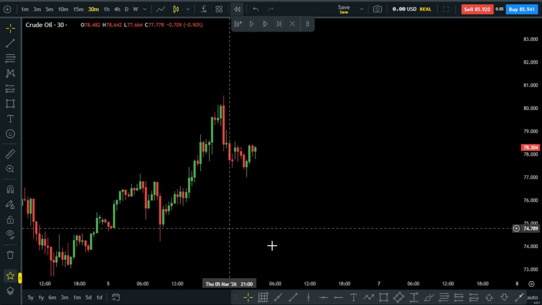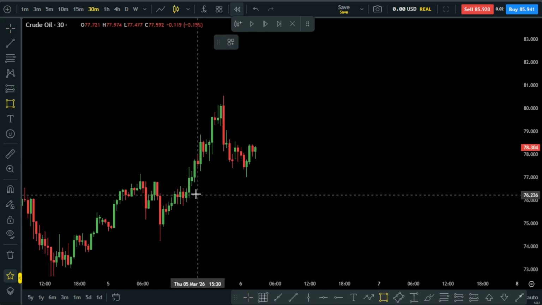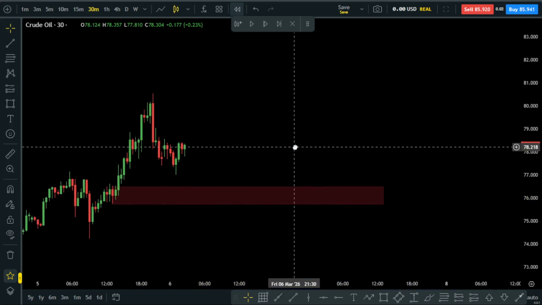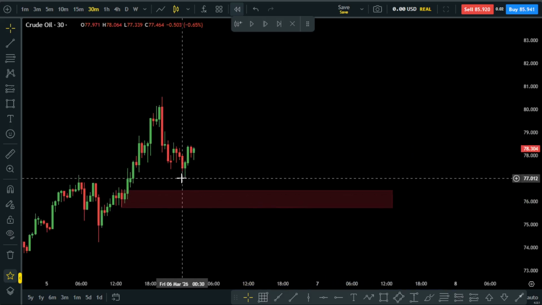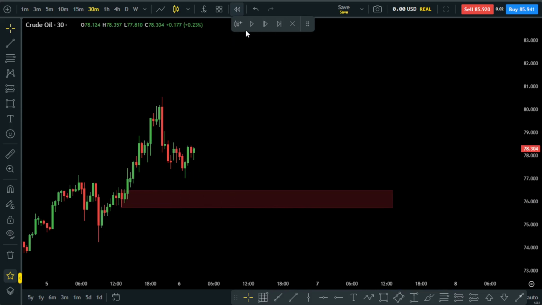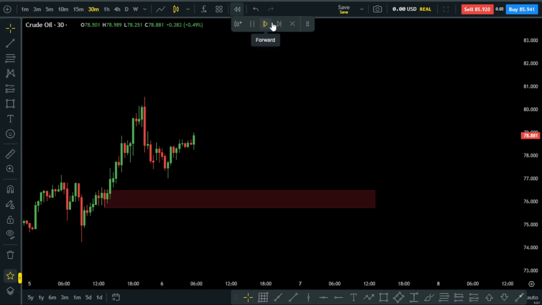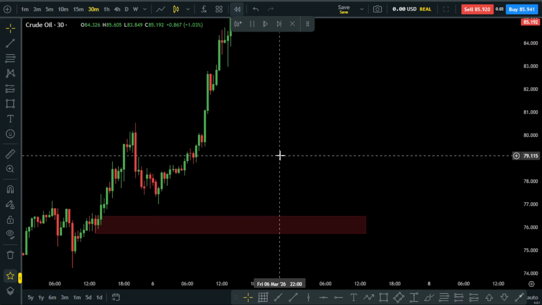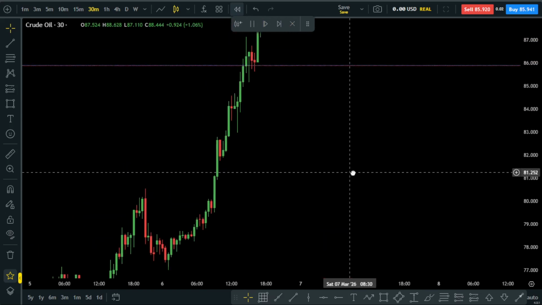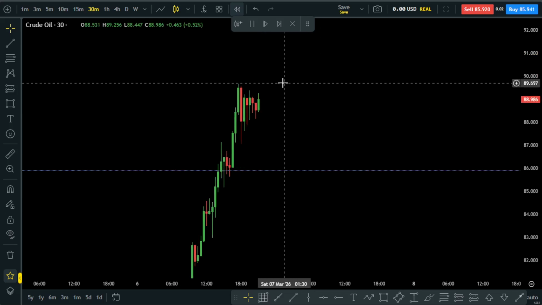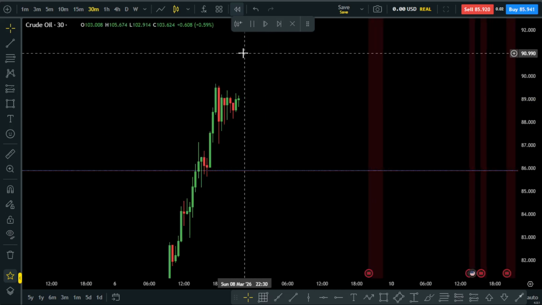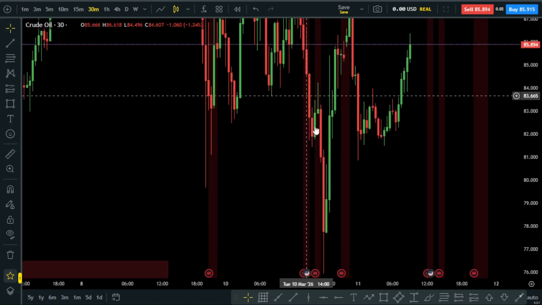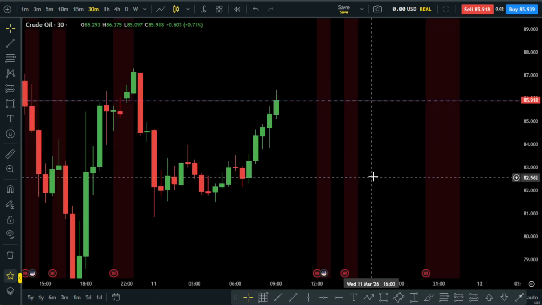Here we have a break of structure, and the break of structure has left behind this order block. We have our liquidity here, but let's see what price did. Okay, let's see what happened.